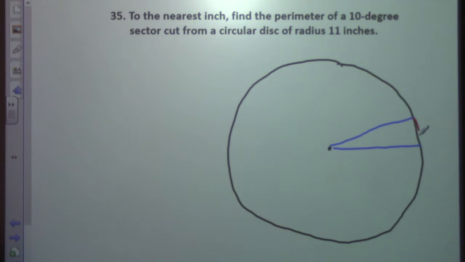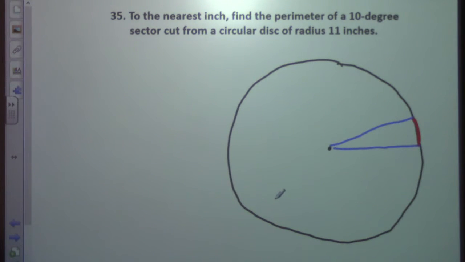If we cut a pizza into 10-degree slices, how many slices would we be cutting? 36, right? So this would be like a 36-slice pizza.